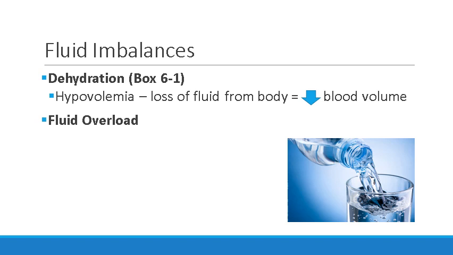Usually when someone's in fluid overload, they're going to be prescribed diuretics to get rid of the extra fluids, so loop diuretics such as furosemide or Lasix. Remember that when furosemide is given, it causes sodium and water to be excreted, but also potassium. So somebody that's receiving furosemide is also going to be receiving potassium supplementation.